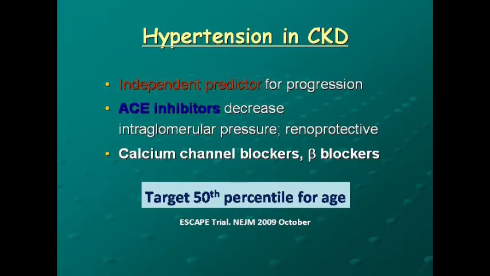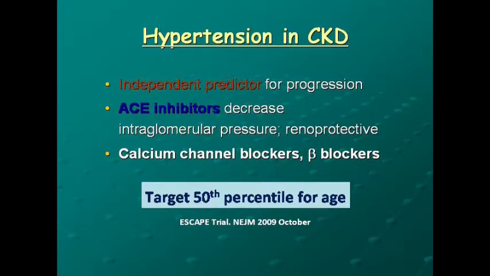Now, what should be the target of hypertension? Over the last decade, the targets have come down. At least till the last 2 or 3 years, we were saying that we target the 90th centile for age, gender and height centile.